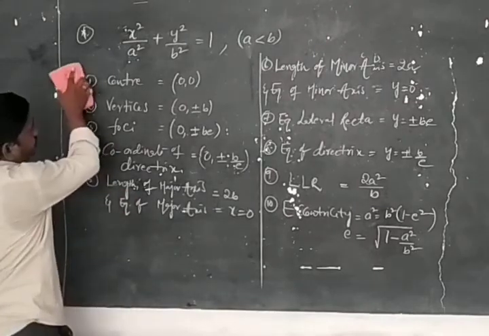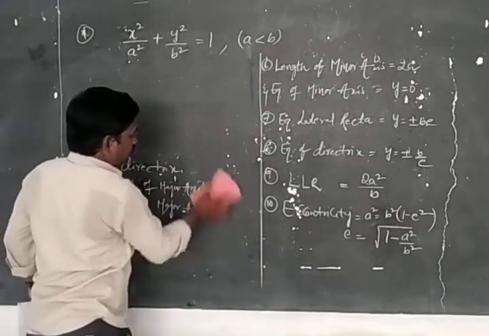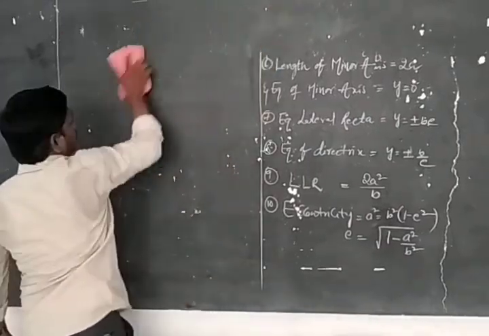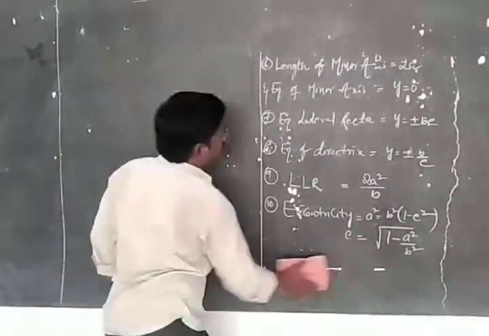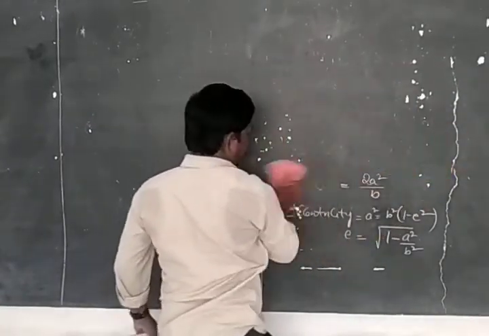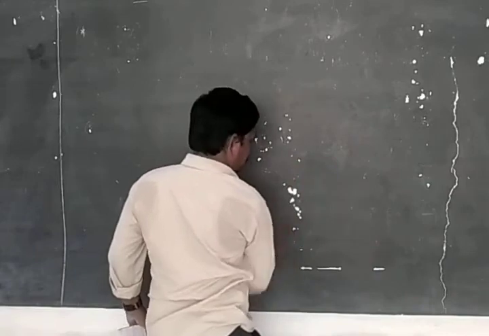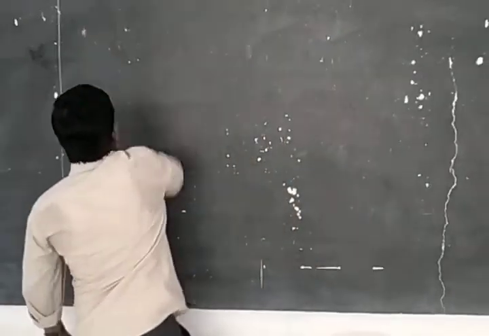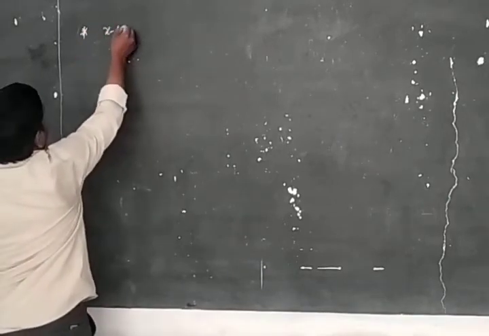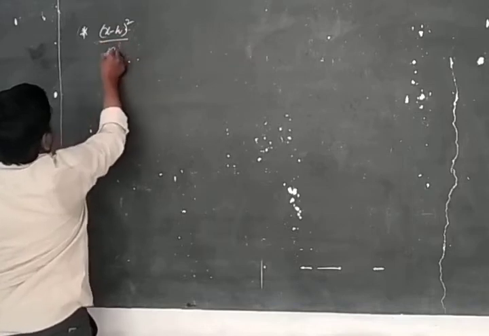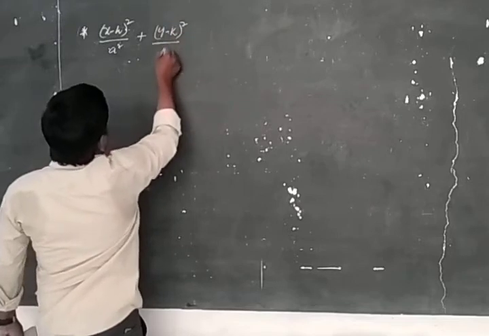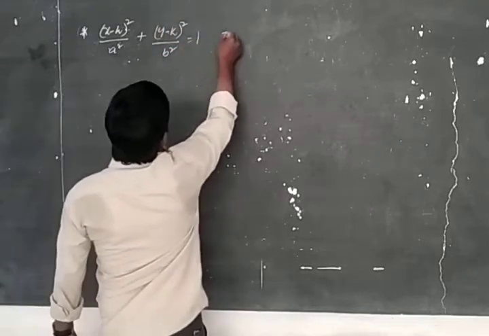Okay, next one. Next is x minus h whole square by a square plus y minus k whole square by b square equal to 1, a greater than b.